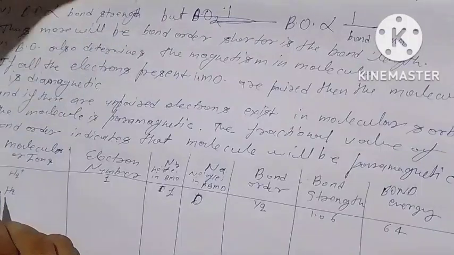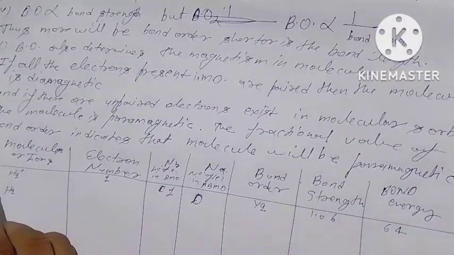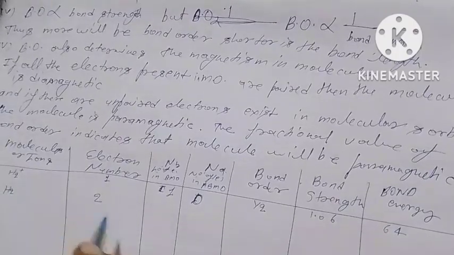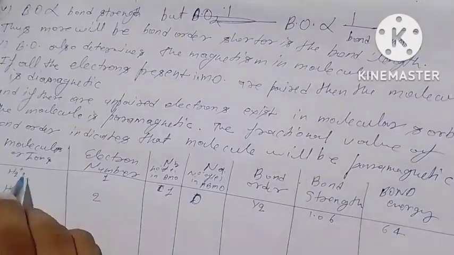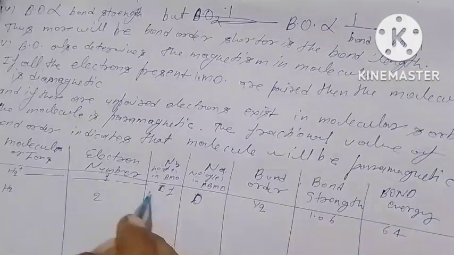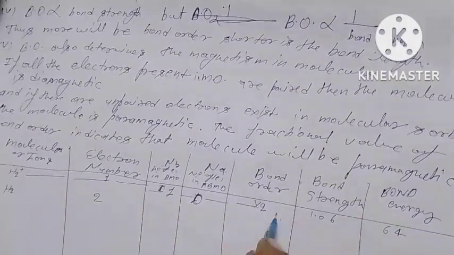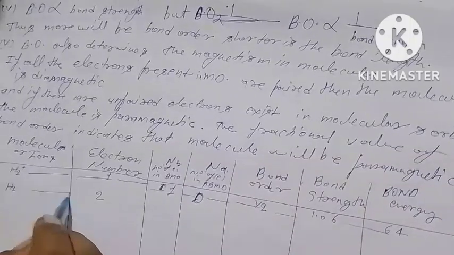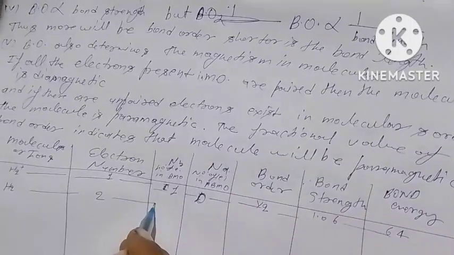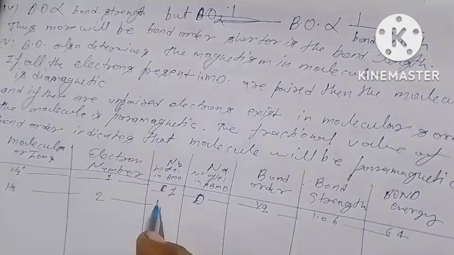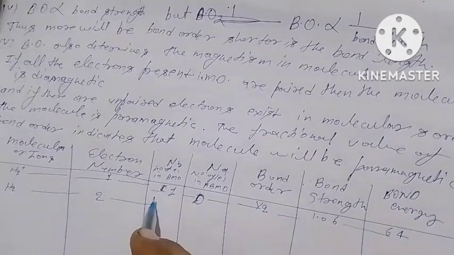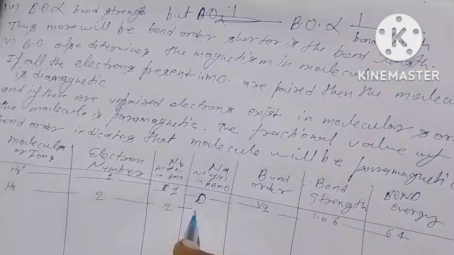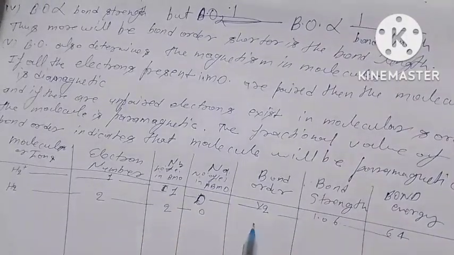Hydrogen molecule: number of electrons 2. Number of electrons in bonding molecular orbitals is 2, and in anti-bonding molecular orbitals is 0.